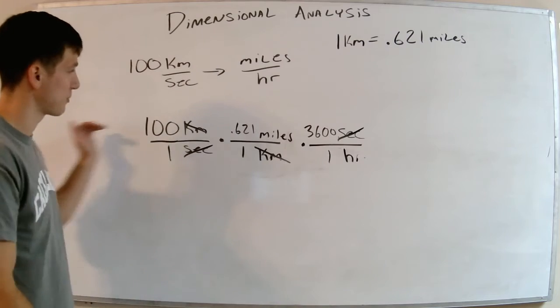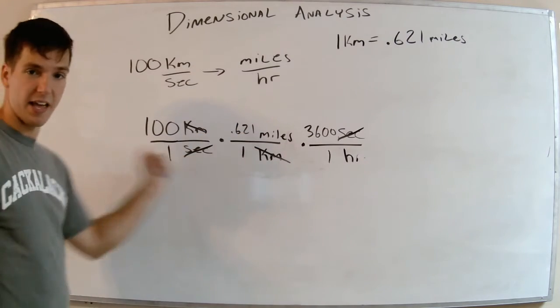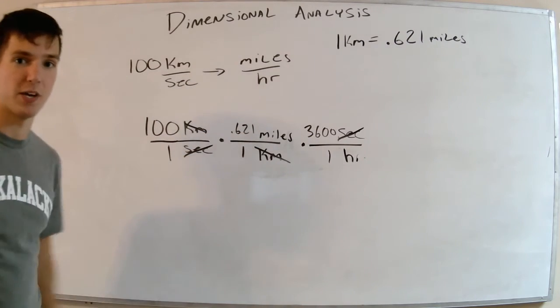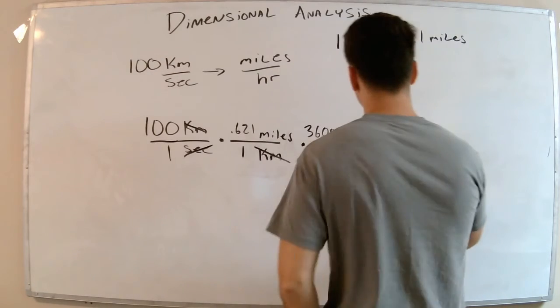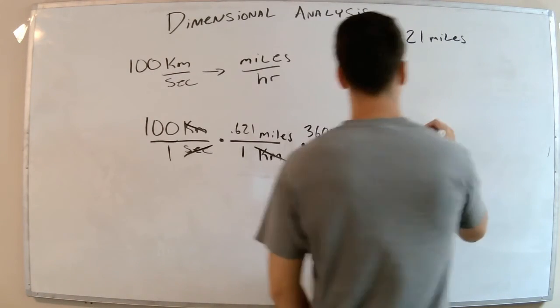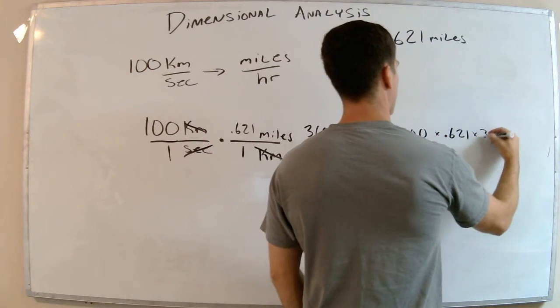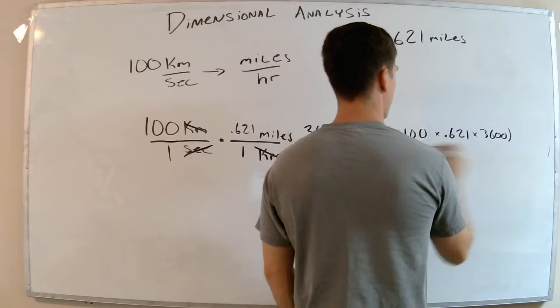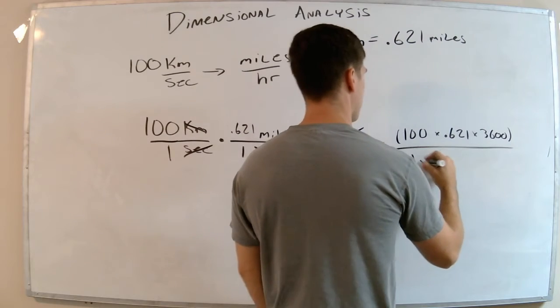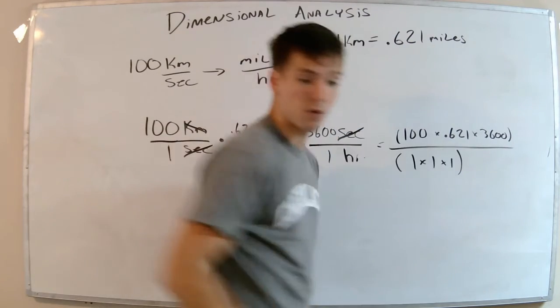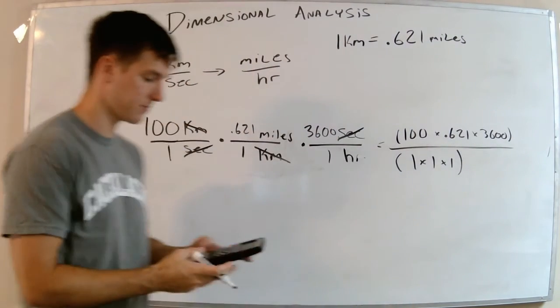So now we just multiply everything on top divided by everything multiplied on bottom, and we'll get our answer. So we got 100 times 0.621 times 3,600 divided by everything on bottom, which is 1 times 1 times 1. Right?